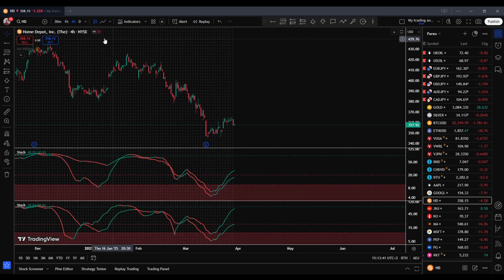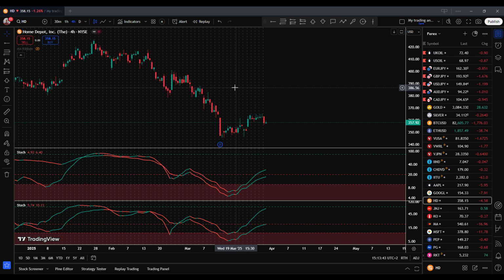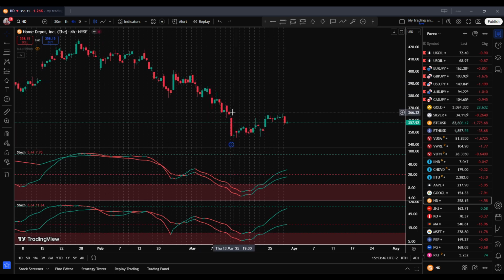Home Depot, I already showed you last week that from Home Depot we find a signal here from Monday 17th of March. Oversold from the 4 stochastics, change in the trend here.